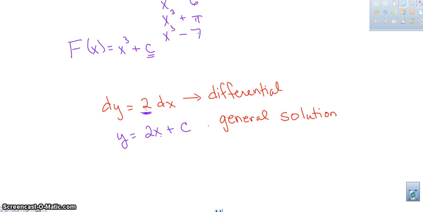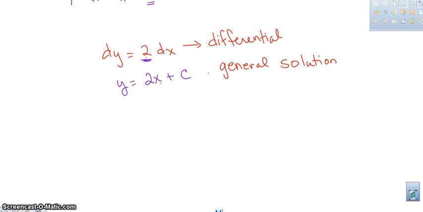Now, when we start talking about general solutions and antiderivatives, we actually get into the integral symbol. An antiderivative and an integral are the same thing. So this is an integral symbol. It's like a big S. And usually you take the integral of some function, f of x dx.